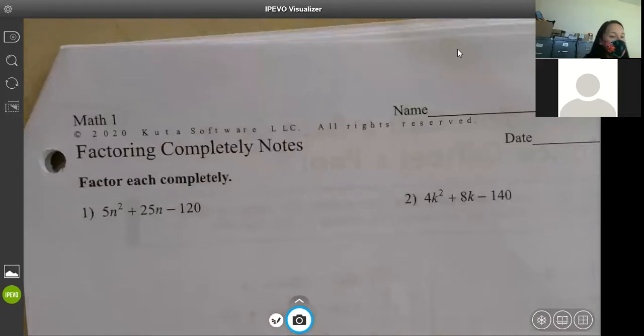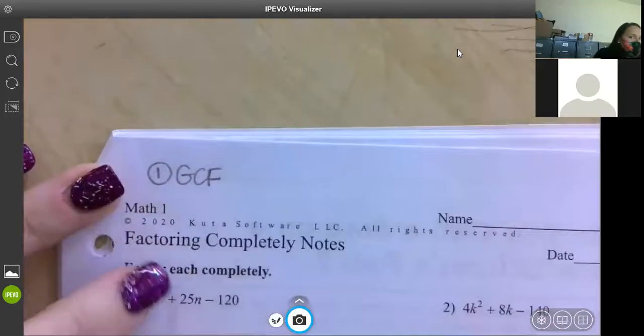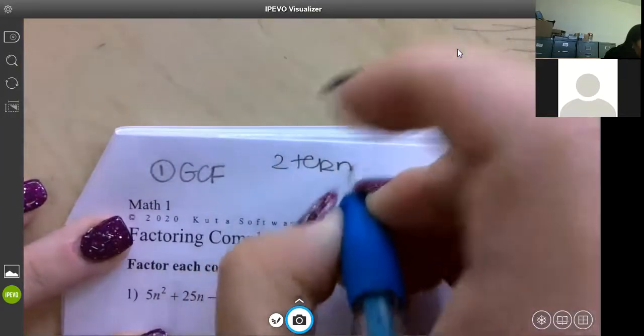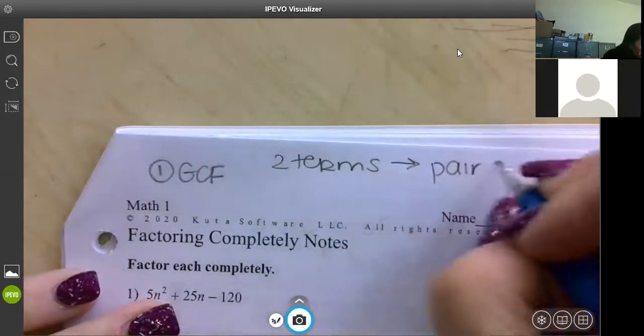All right. So the first thing that we want to do, remember our first step to factoring, is we want to try to pull out a GCF. After that, if it's two terms, you want to see if we can do pair and share.